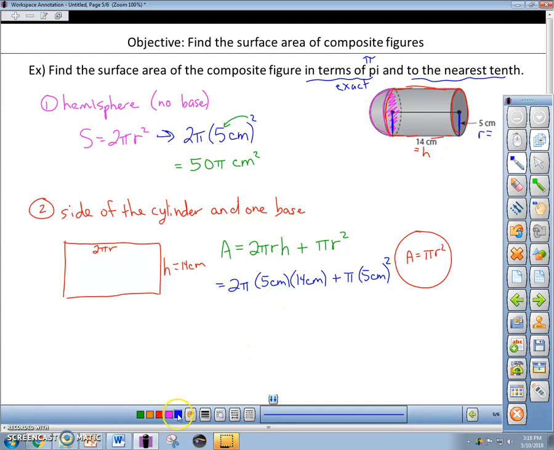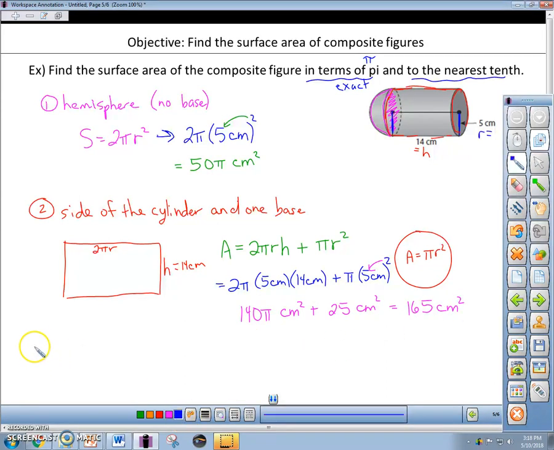So again, we want to do this in terms of pi first. So we're going to just multiply the numbers. We have 2 times 5 is 10. 10 times 14 is 140. So that would be 140 pi centimeters squared. Plus, this would be 5 squared, which is 25 times pi, so plus 25 pi centimeters squared. And adding those two together, we get 165 pi centimeters squared.